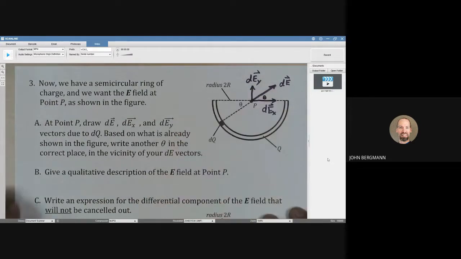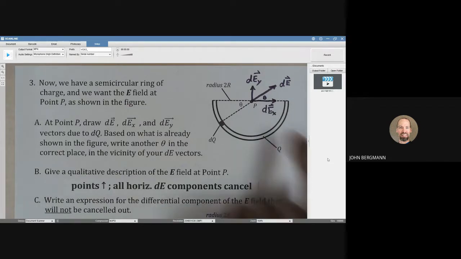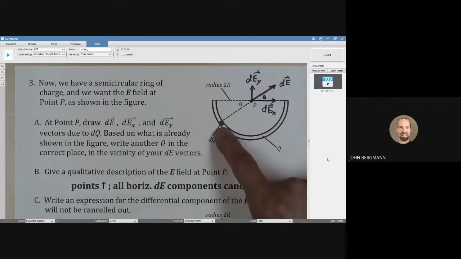Give a qualitative description of the electric field at point P. That would be that it points straight upward. All of the horizontal, or what I've called the x-axis, all of those are going to cancel each other, because isn't there going to be another dq right here where I'm pointing, the x component of which is exactly going to cancel the x component of this dq.